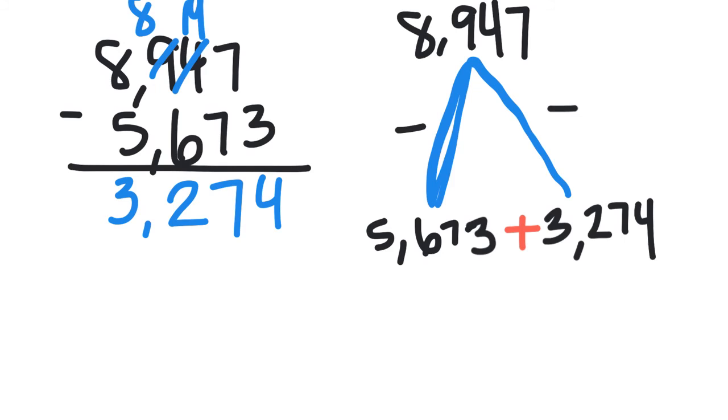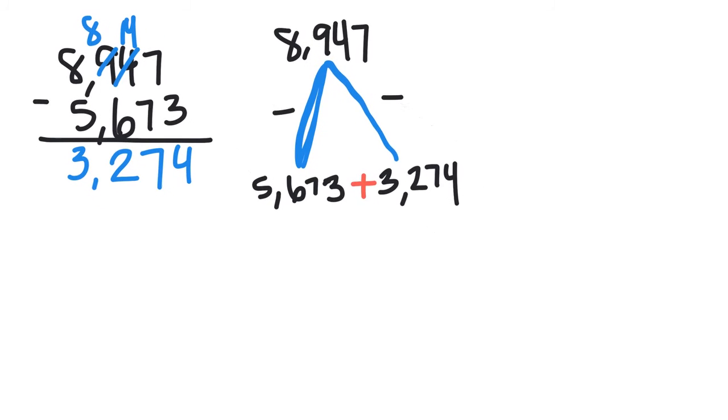All right, let's go ahead and check using the opposite operation. Okay, so since I started with subtraction, the opposite of subtraction is addition. So I'm going to add the two numbers that are on the bottom of my mountain.